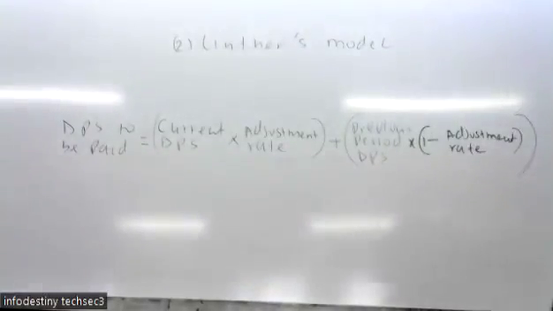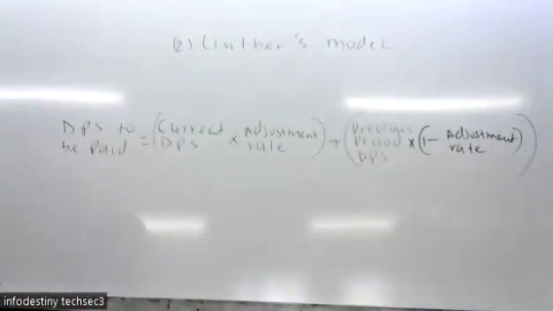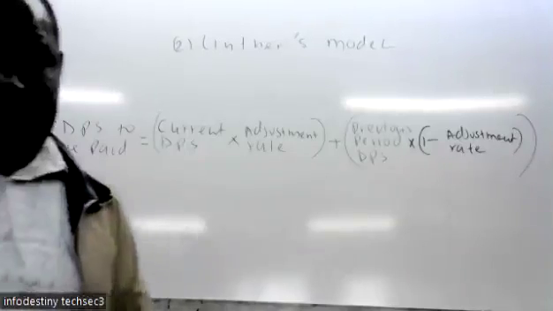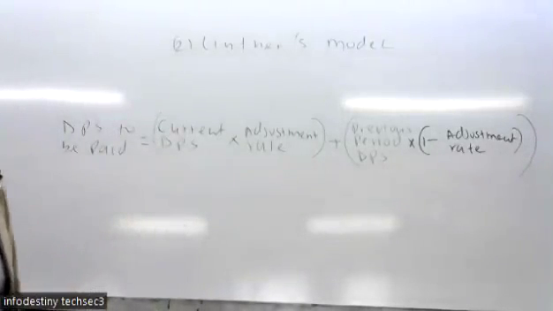So when you want to calculate the dividend per share to be paid, simply get the current dividend per share multiplied by the adjustment rate. Then we add in brackets previous period dividend per share multiplied by 1 minus the adjustment rate. So there is a question I want us to apply.